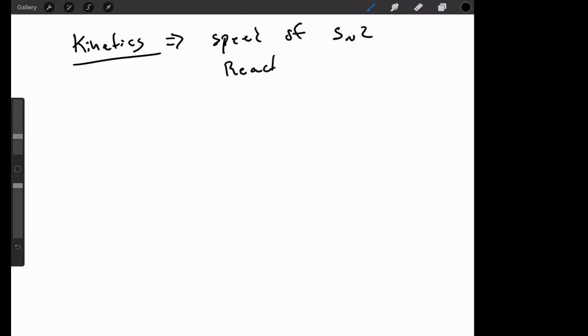All right, so the next thing I want to consider about this reaction is the kinetics, in other words, the speed of Sn2 reactions. What I'm going to look at is the substrate.